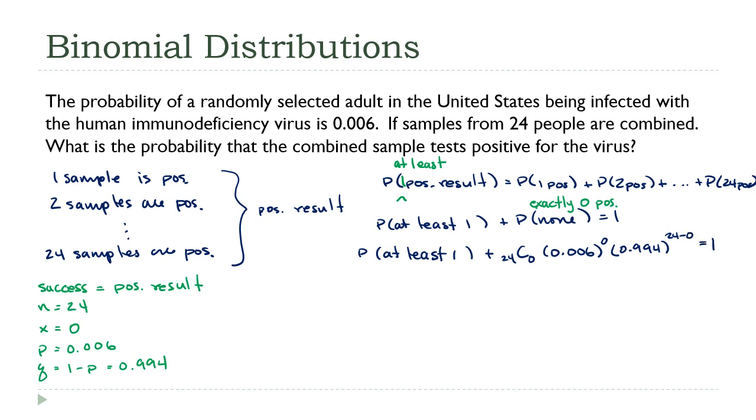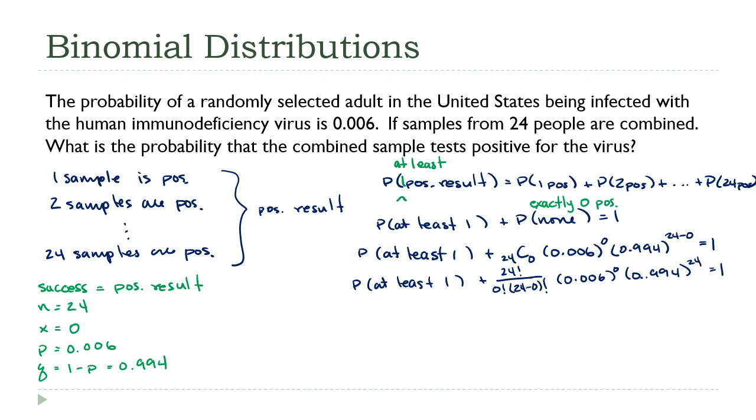It has to equal 1. The probability of at least 1, I'm really not going to do anything with this, just going to float along here. Plus 24 factorial divided by 0 factorial times 24 minus 0 factorial, times 0.006 to the 0 power, times 0.994 to the 24th power, equals 1.